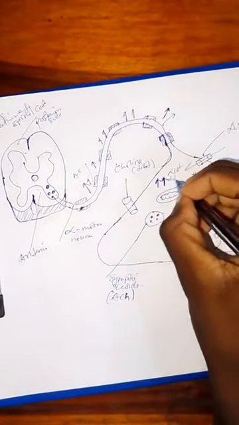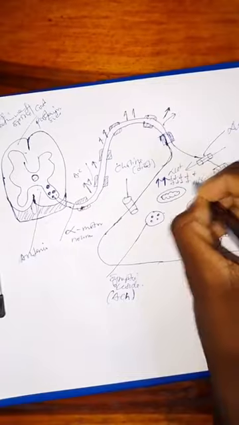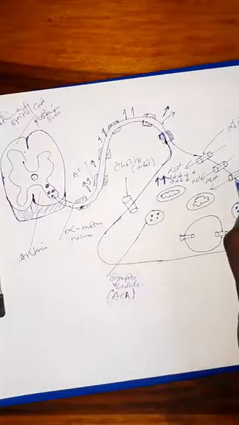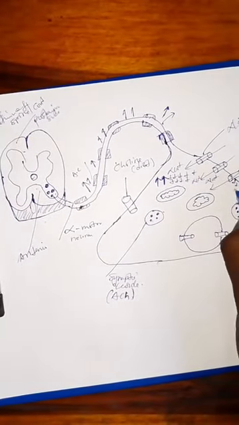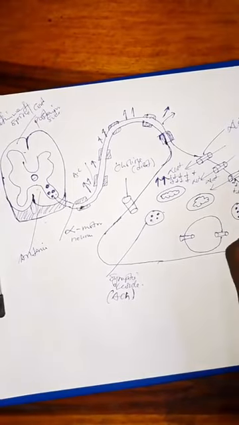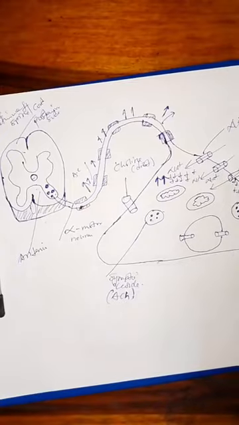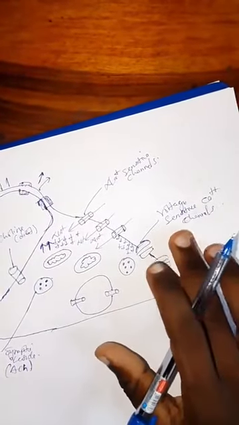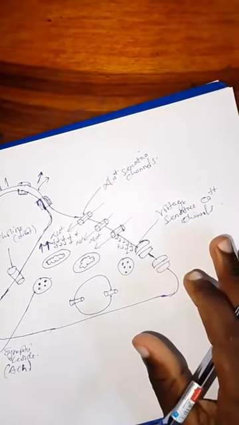So there will be more of the positive inside the terminal, and this positivity will cause the opening of these voltage sensitive calcium channels.